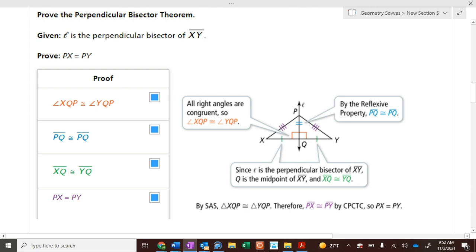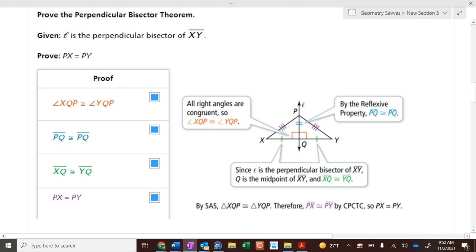And if we know that PQ is congruent to itself because of the reflexive property, and that XQ is congruent to YQ because Q is a midpoint of XY and the perpendicular bisector hits it at the midpoint, this triangle on the left is congruent to this triangle on the right because of side, angle, side.